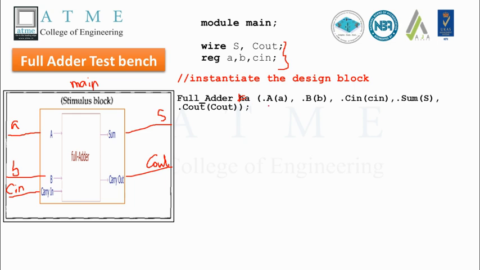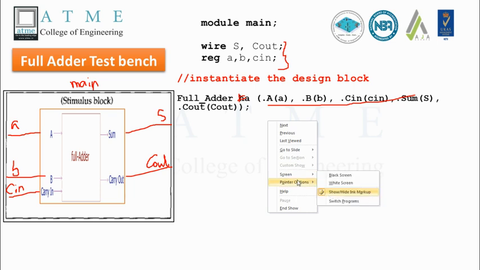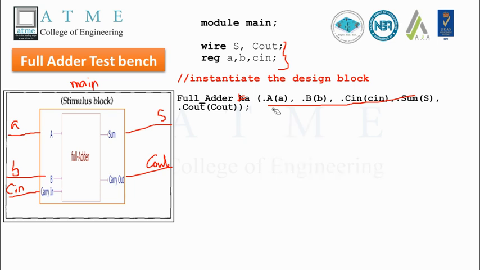And this is the statement to establish the interconnection between the stimulus block and the full adder block. So dot A is a port pin of the full adder which is connected to the variable A, that is register A. The next connection is separated by comma.